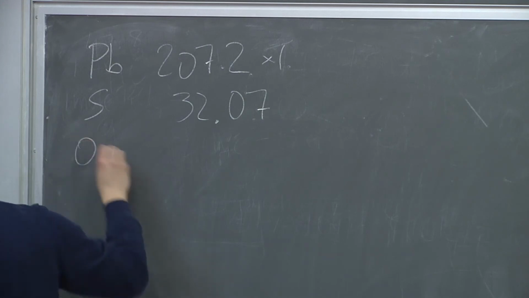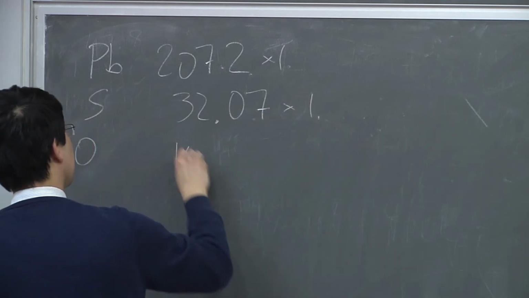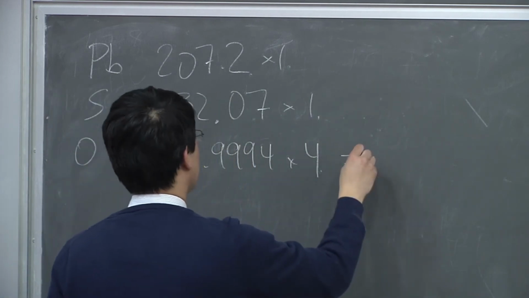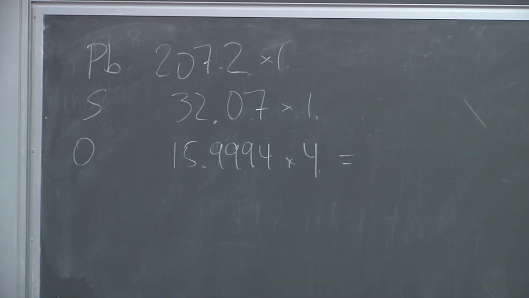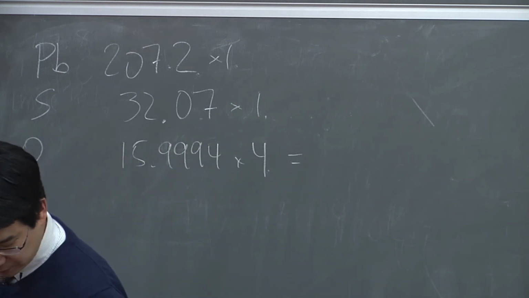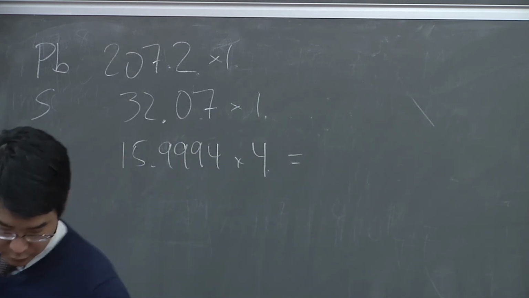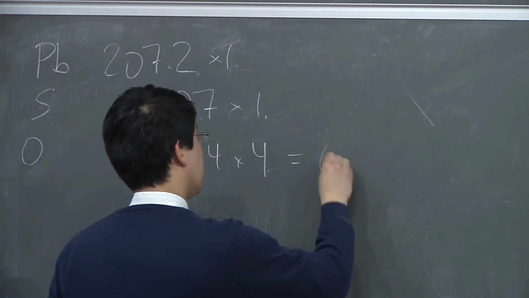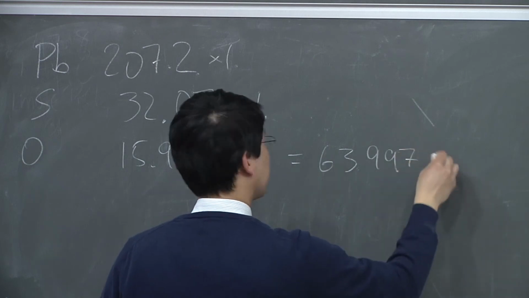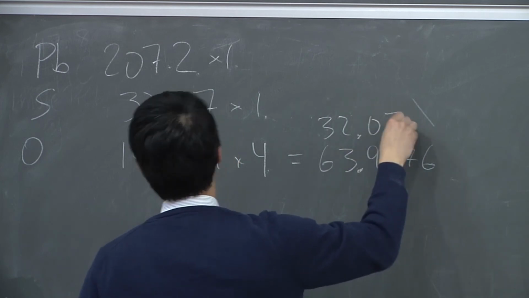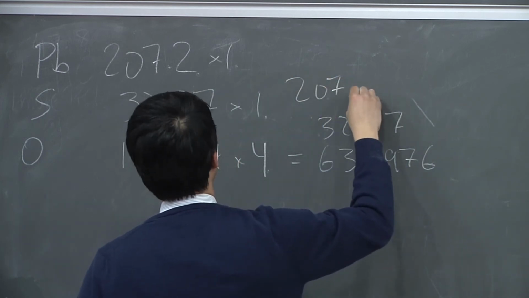And O is going to be 15.9994 times 4. Does anyone have a molar mass for me? Calculator. So it's going to be 15.9994 times 4, which is 63.997, plus 32.07 plus 207.2.